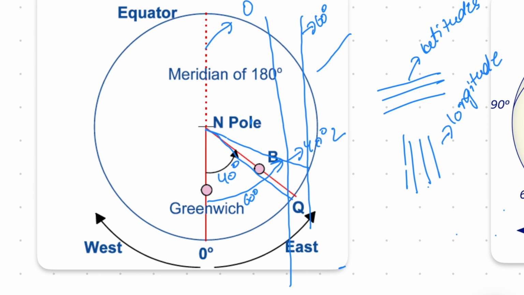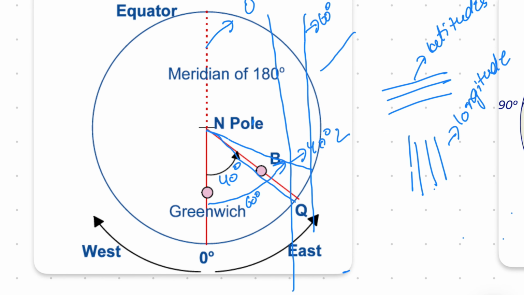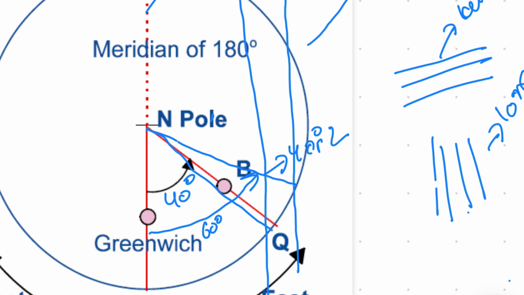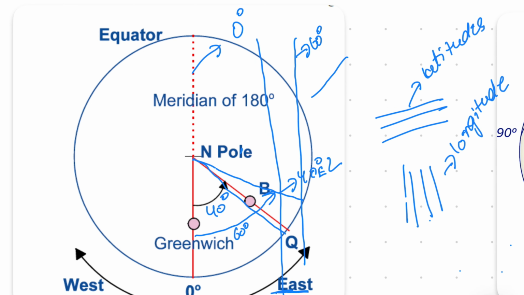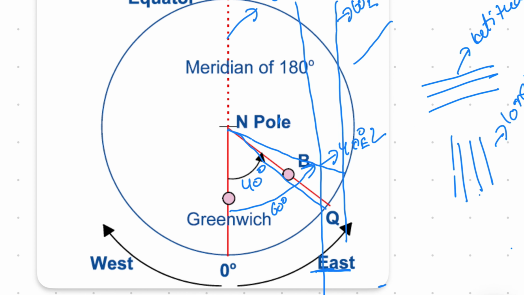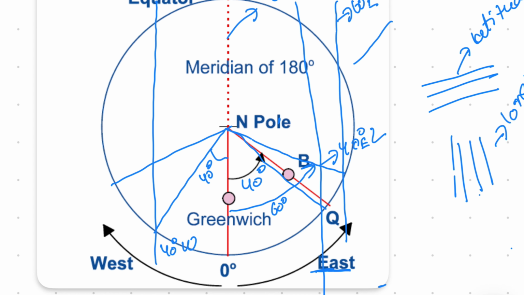And we know if we measure towards the east direction, it will be named as 40 degree east and 60 degree east. And if we measure in west direction, suppose we are making this arc and this is the same 40 degree, this longitude will be our 40 degree west, same as this arc. Suppose this is 60 degree, so this longitude will be our 60 degree west.